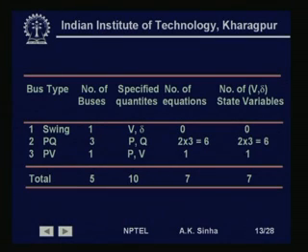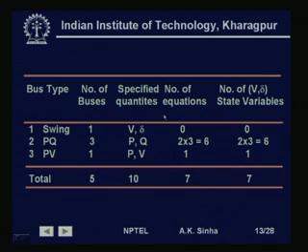Now, if we look at this system, what we find? We find that we have 3 type of buses. Now, we have one is a swing bus. How many swing bus we have? We generally have only one swing bus in a system. So, we have one swing bus. What are the specified quantities at this bus? Both voltage magnitude and delta angle associated is specified at this.